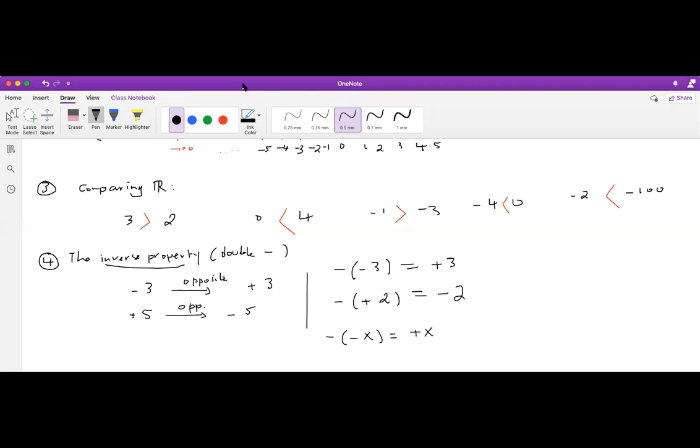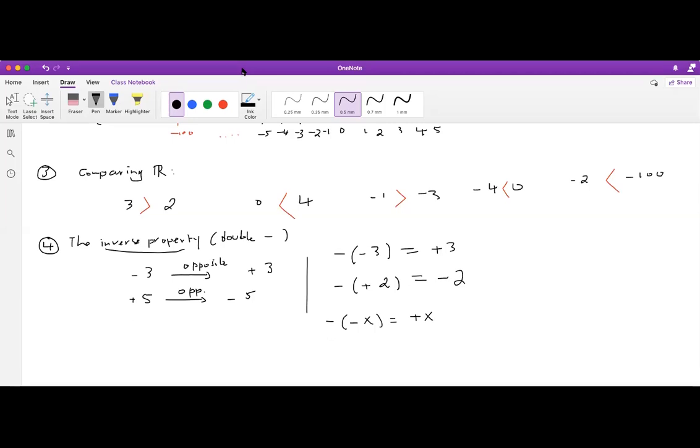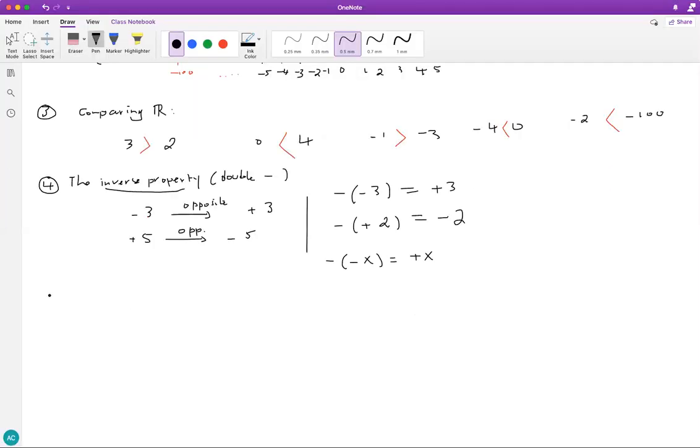Another property we're going to talk about regarding these real numbers is called the absolute value. So the absolute value of a number.